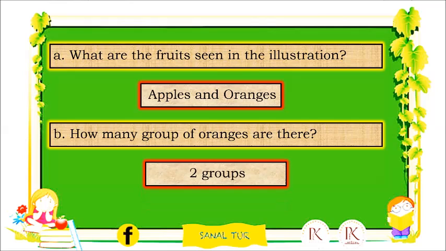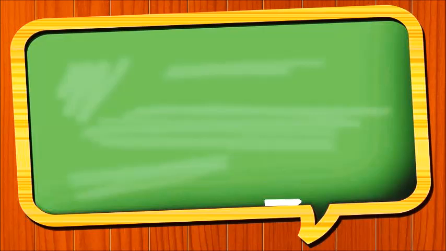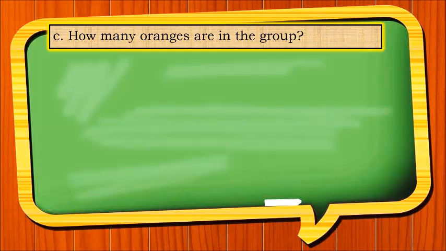We have 2 groups. Next question, how many oranges are in the group? We have 3 oranges. Okay, we give 3 claps.